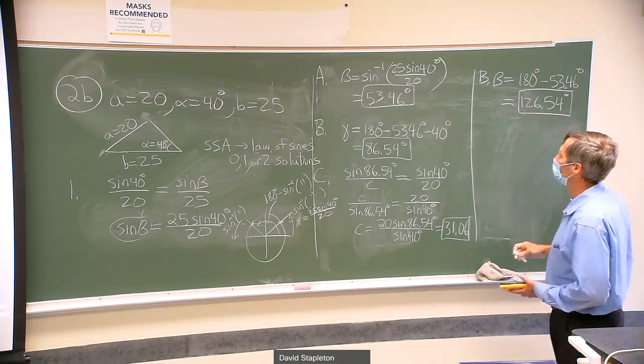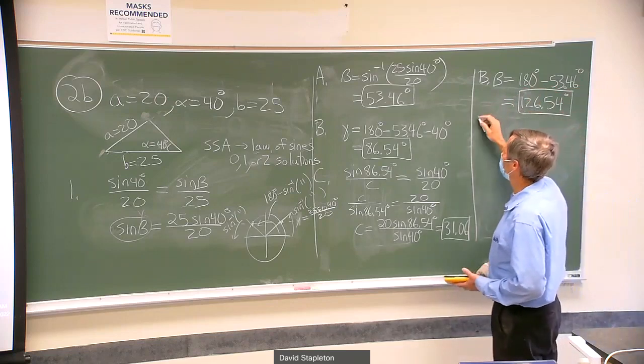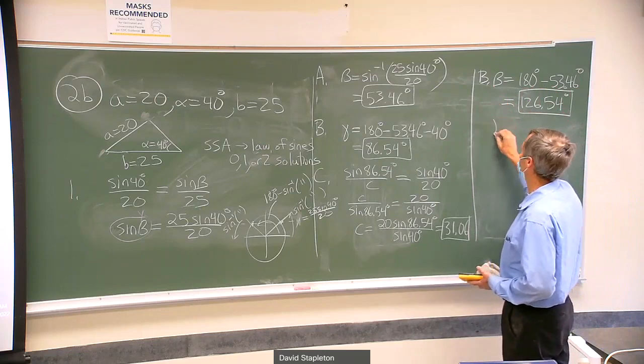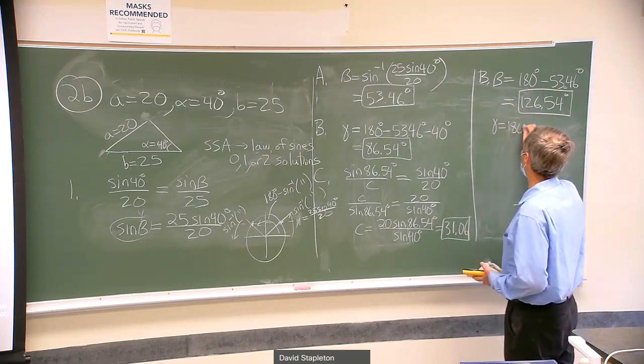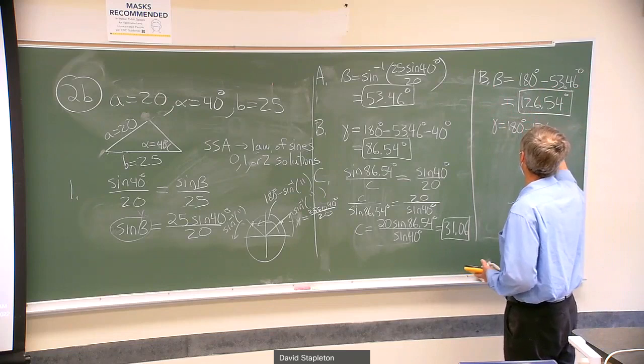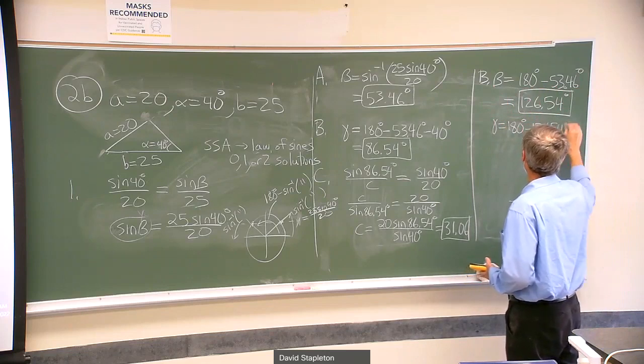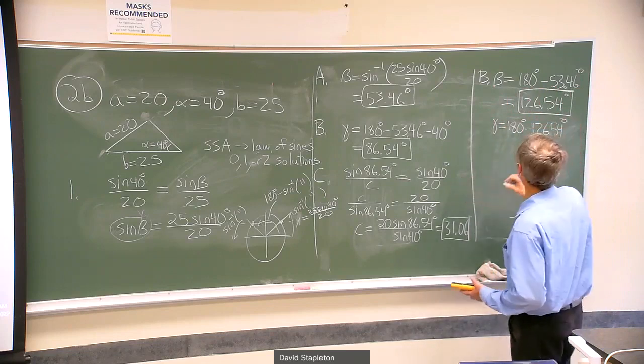Now once I've got beta, I've got 2 angles, and I'll look for gamma. Gamma now has to be 180 less the one I just found, 126.54, less the angle that's up there, 40.